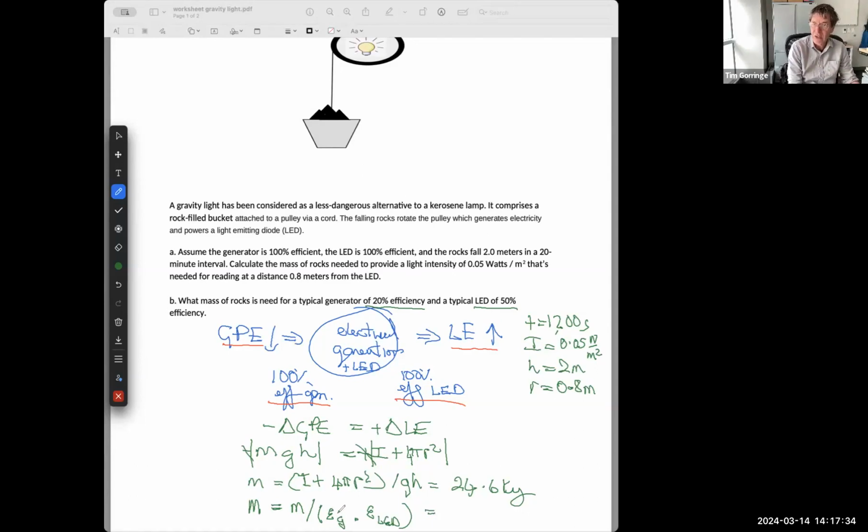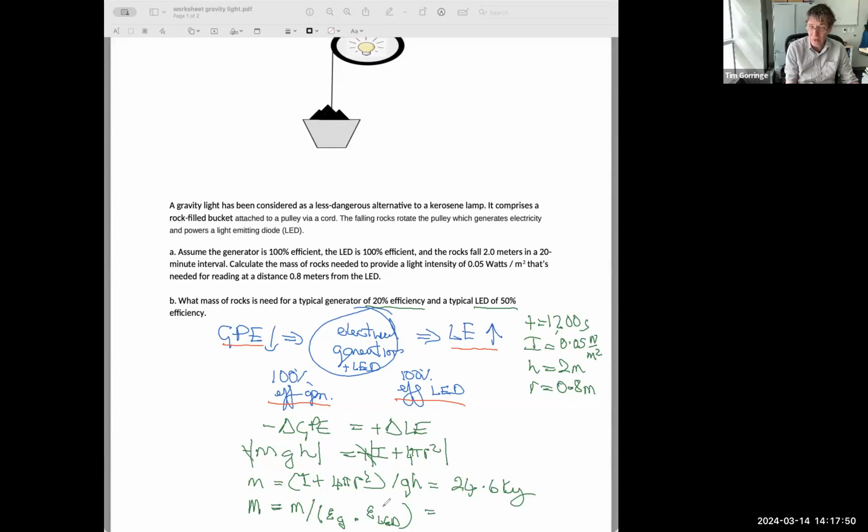So the efficiency of the generator is 20%. The efficiency of the LED was 50%. That means that overall, we're only 10% efficient in turning the gravity energy into light energy. We've got 20% efficiency of the generator, and then of that, we only get half because of the 50% efficiency of the LED.